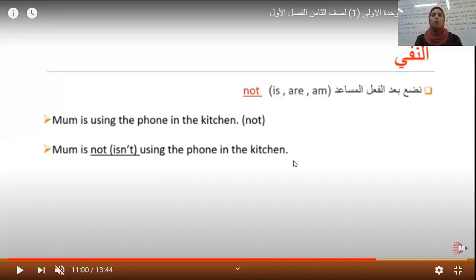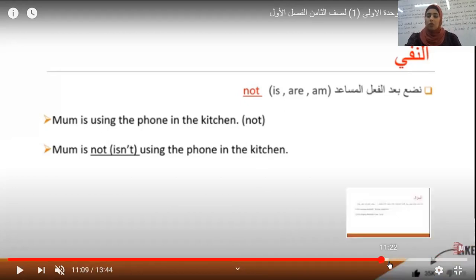We need an auxiliary verb to add not. In present simple, we brought does and doesn't to make negation in these sentences. But here we already have is, are, and am. As you can see here, look at the screen. You have is, are, and am, so you can add not to them. Mom is not, which is isn't, using the phone in the kitchen. This is negation for present continuous.